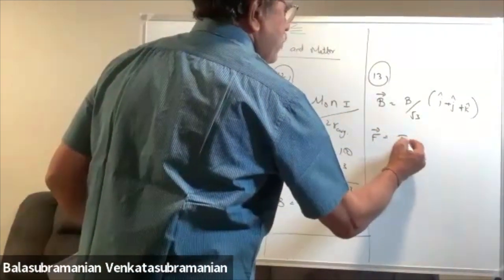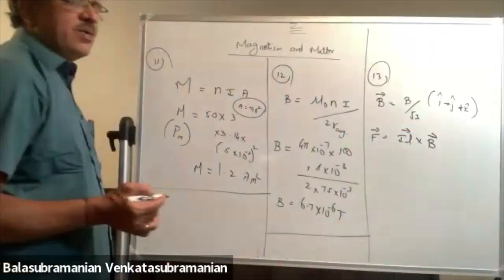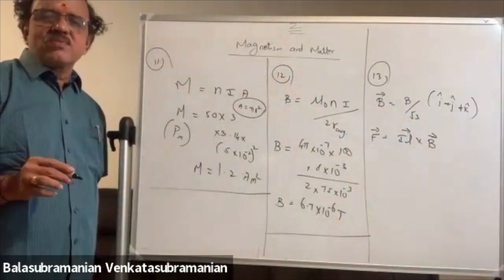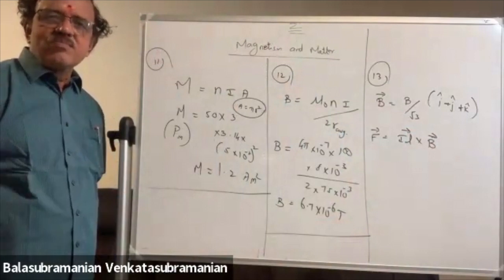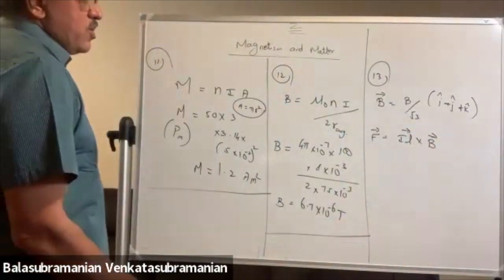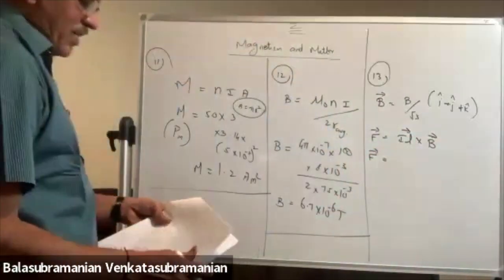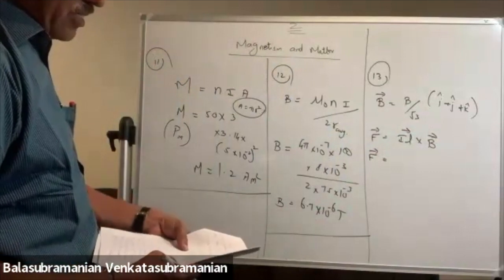Magnetic Lorentz force for a current carrying conductor is F is equal to IL vector cross B vector. Expanding magnitude means BIL sin theta. So F vector is equal to IL vector. What is that value? Current along the y direction.